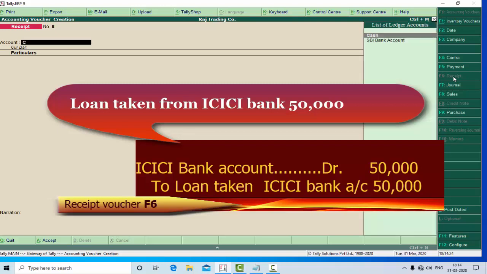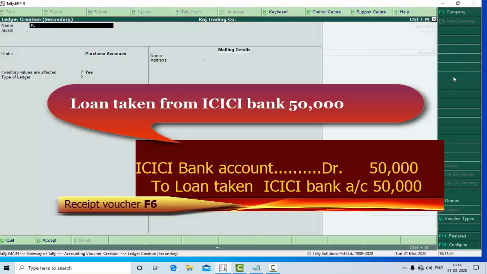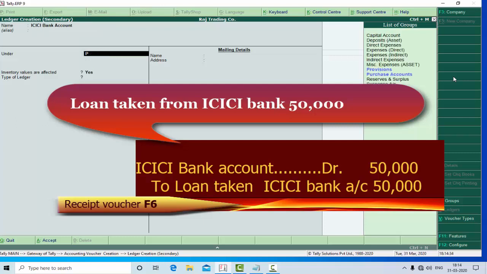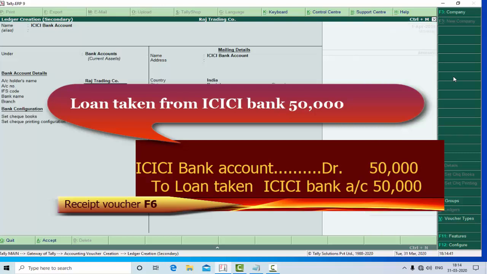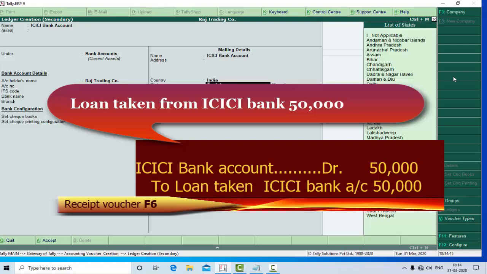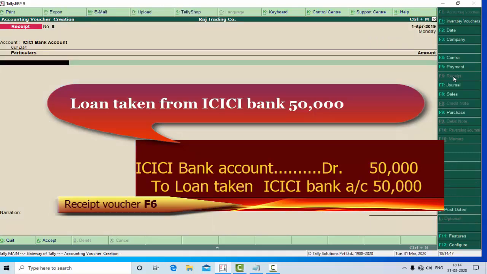So for the entry, create the ICICI Bank account. You know the entry, and create the ICICI Bank under the bank accounts, as all bank accounts are grouped under bank accounts. You can enter the details of this bank account here, but we will just avoid these details. Then credit the loan account.